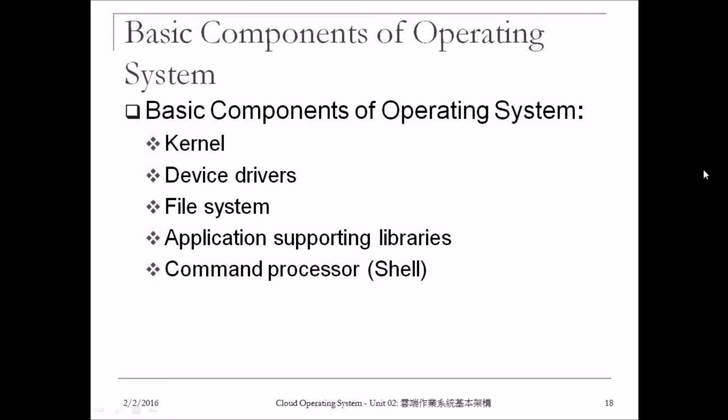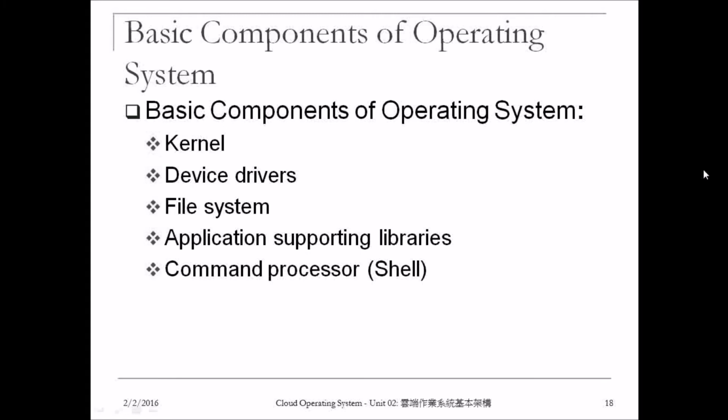The third is the file system. The file system manages all the data files from the user. The file storage in the specific hard disk space should be managed by the file system. Without a file system, the user cannot deal with the file or data storage in the storage space.